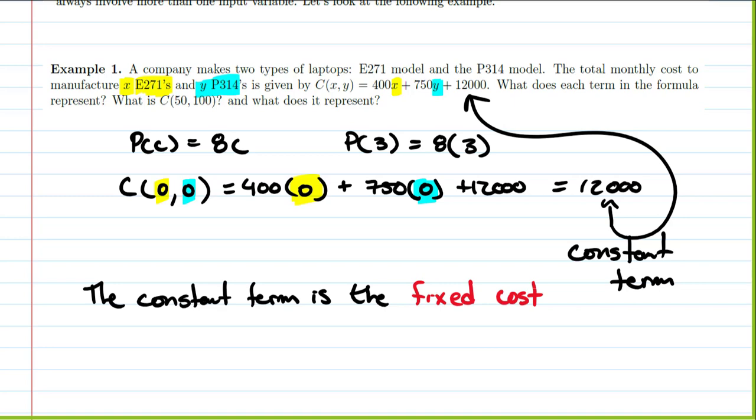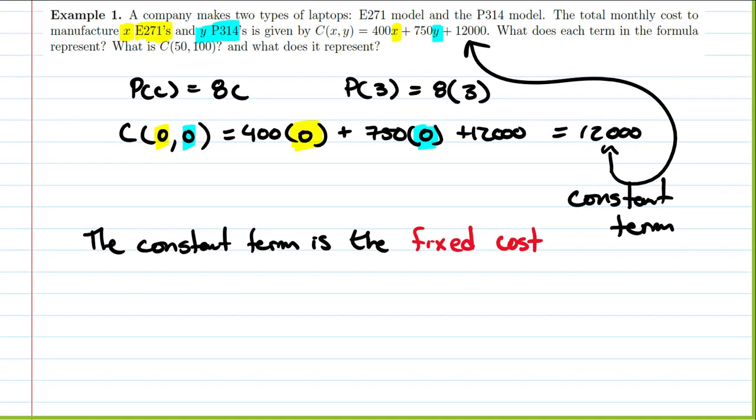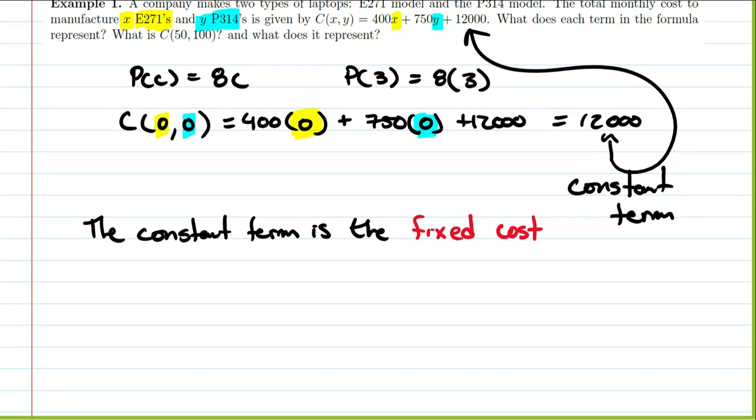So now, what do the coefficients of x and y represent? Well, let's take a look and see what happens. What if I were to evaluate the cost function, instead of at x, I evaluate it at x plus 1 and y?